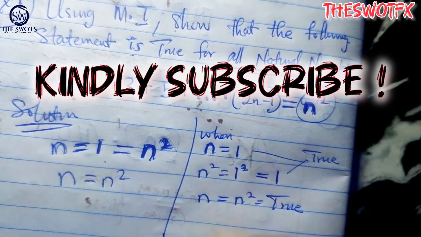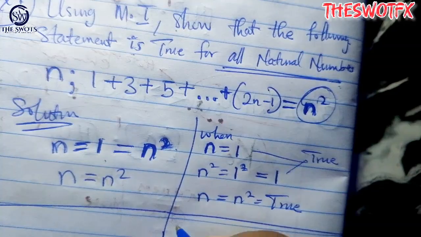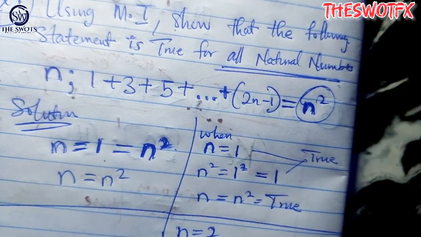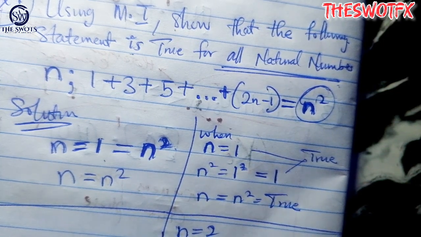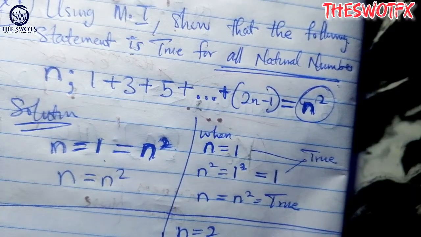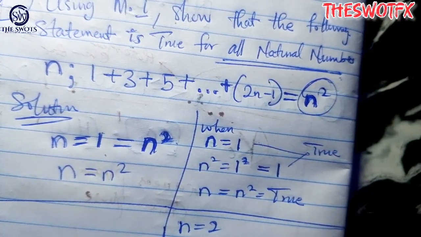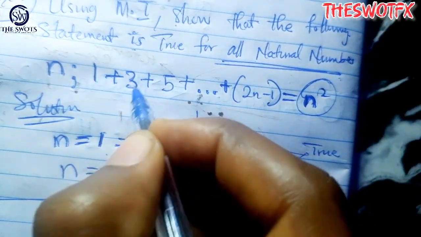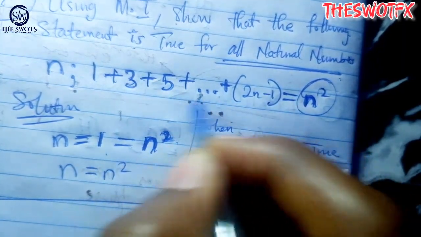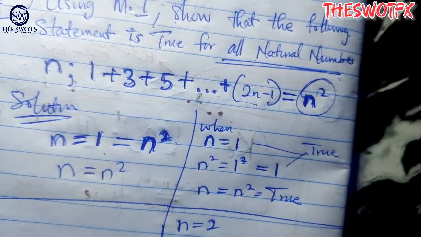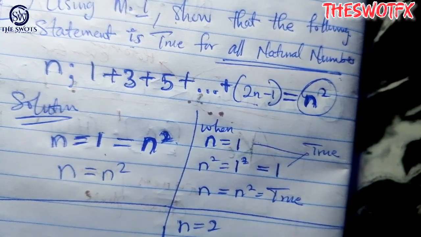So let's take a look at when n is 2. n squared is 2 raised to power 2, that is 4. Now the expression here is talking about 1 plus 3 plus 5 and so on. When I add 1 plus 3, will it give me 4?